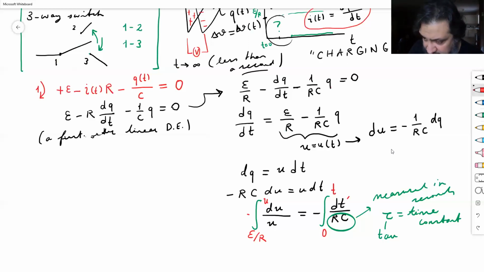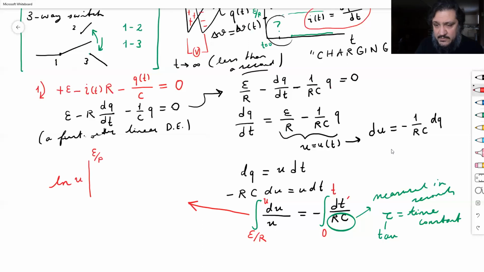So anyways, if I integrate this, du over u, that will just give me the natural logarithm. So ln u. Okay, so that's E over R minus, what is it? 1 over RC, the time constant, right? That's the time constant. 1 over RC Q. All right. And the lower limit is just E over R. That's the left-hand side.